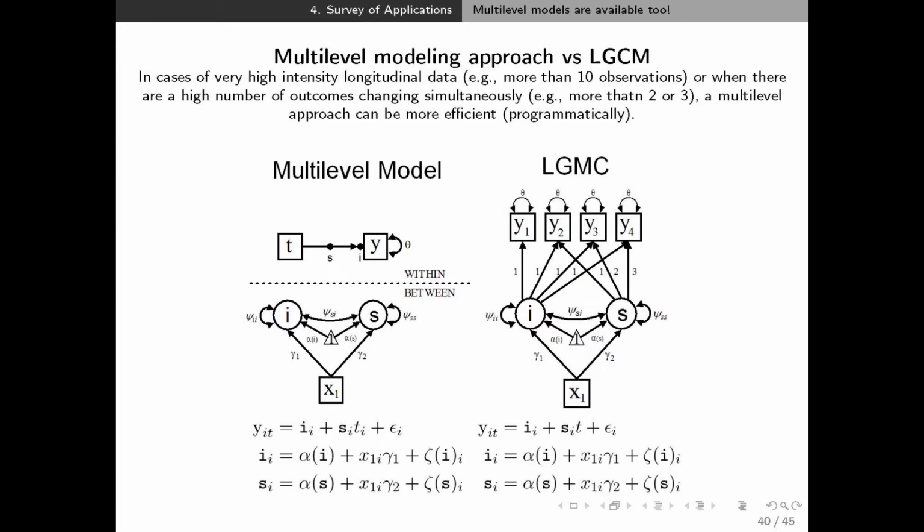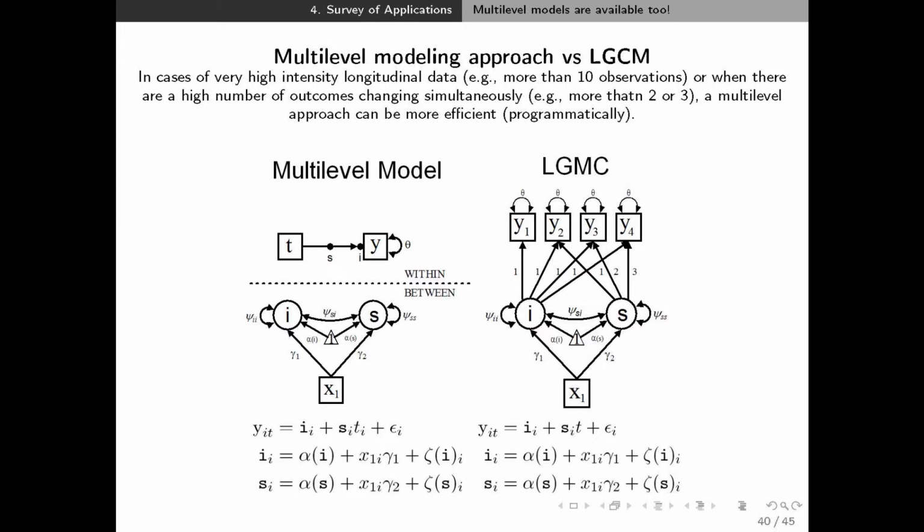This is a really useful approach when you have high intensity longitudinal data, which sometimes means more than like 10 or 12 repeated observations. You can do Mplus with more than 10 or 12 repeated observations. It's just that you've got to have another computer to do your other work on because those models will take a long time. The multi-level model is a little bit faster, but it reduces to the same analytic model.